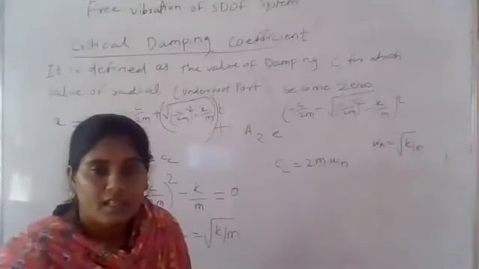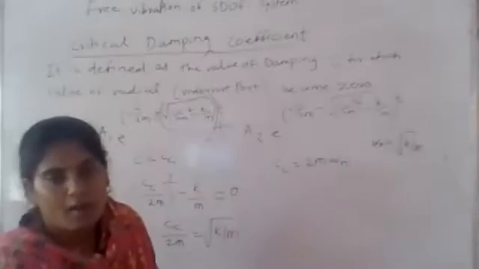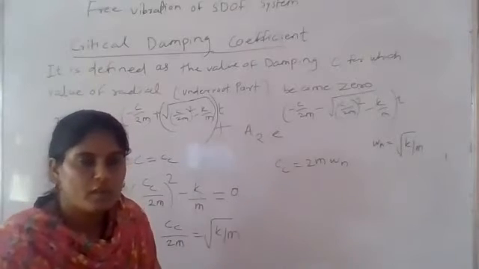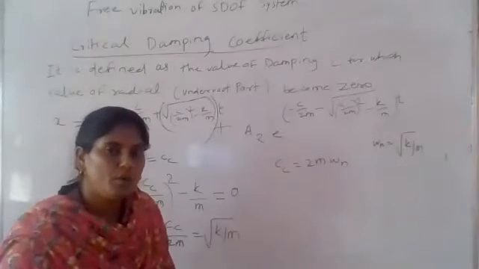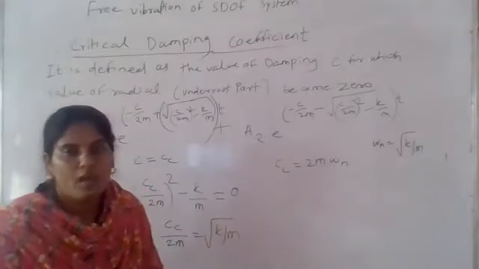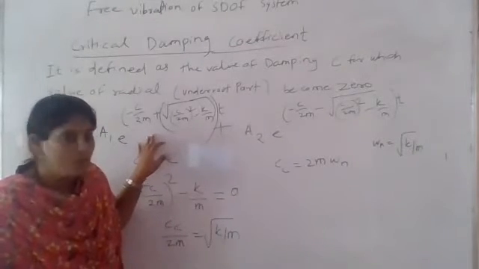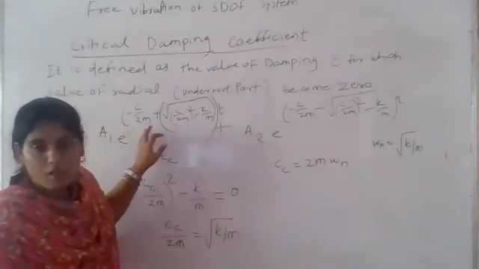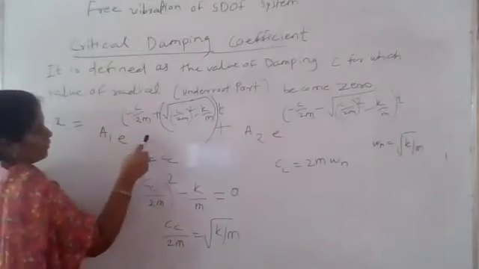We got ms square plus cs plus k equal to 0. And by putting which formula? Minus b plus or minus root of b square minus 4ac upon 2a. By putting this formula, we get directly the value of s1 and s2. What are those two values? That s1 and s2 in terms of plus and in terms of minus. And only these two values we have to put here.